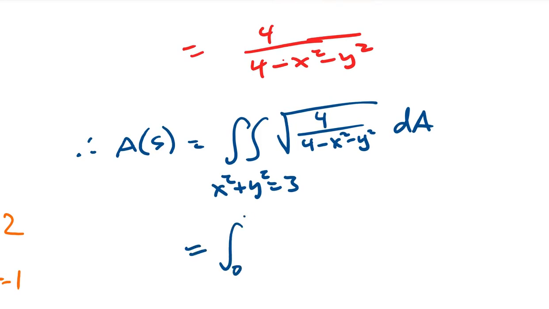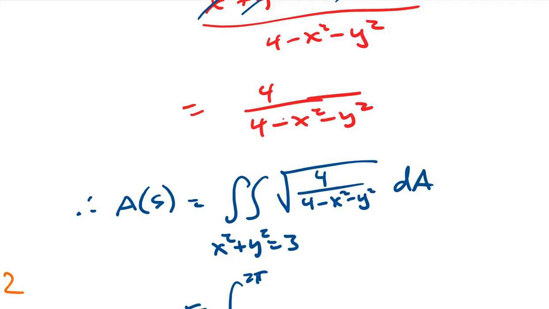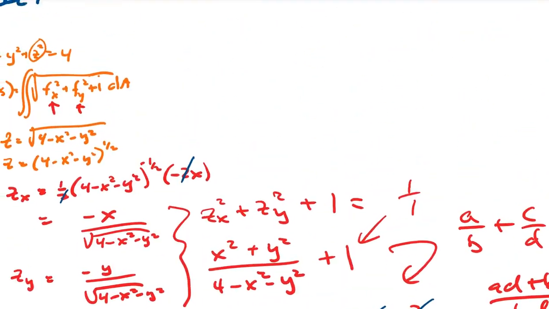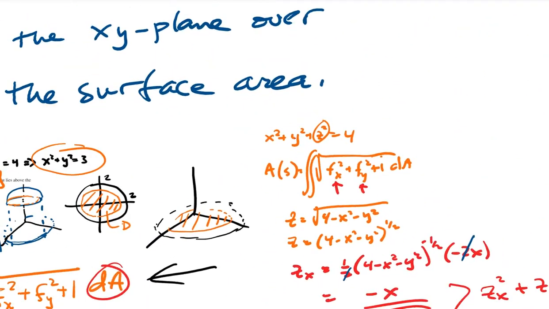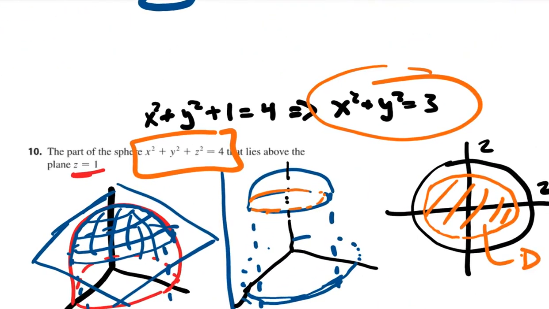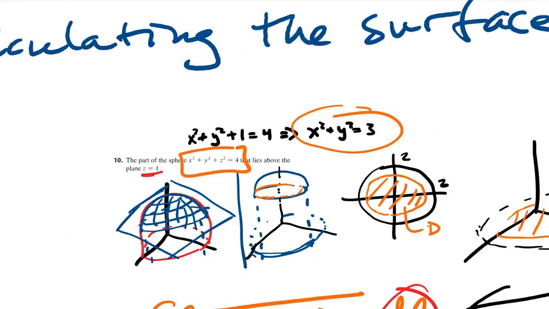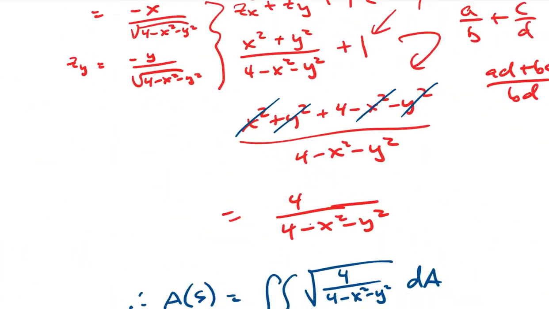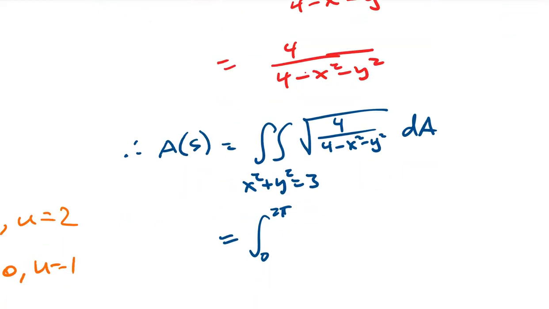This will be 0 to 2 pi. I think we want the full meal deal here, don't we? Yeah, all the way around. Part of the sphere that lies above the plane. Yeah, all of it. So 0 to 2 pi, and then r goes from 0 to root 3. And now this is the square root of 4 on top, that's just 2.